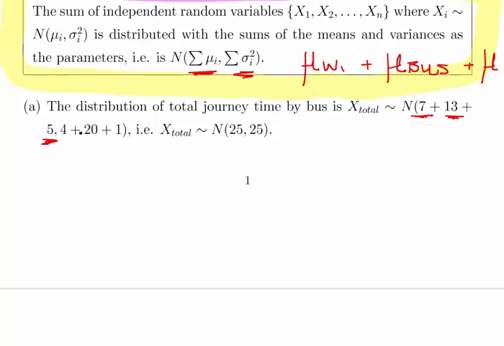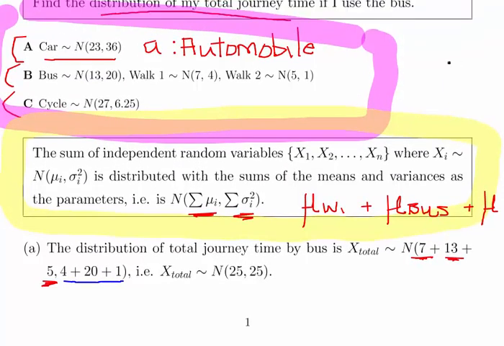Those are the means. Then I add up the variances, which are 4, 20, and 1, in a slightly different order, with the bus first, but anyway. So essentially the total journey has a mean of 25 and a variance of 25.